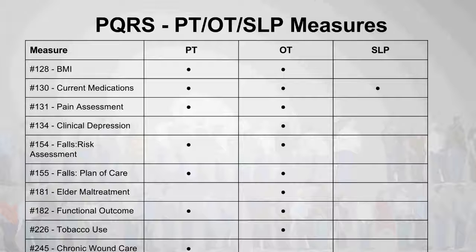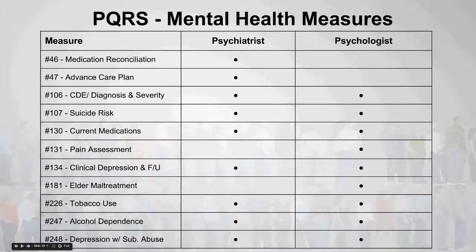The next slide that we have represents mental health. And for mental health here, we have it broken down by both psychiatrists and psychologists. There are some that only psychiatrists can do, and there's some that only psychologists can do. I'm going to briefly say to you on these measures, I'm sure you're asking yourselves, it's great to show all the measures.